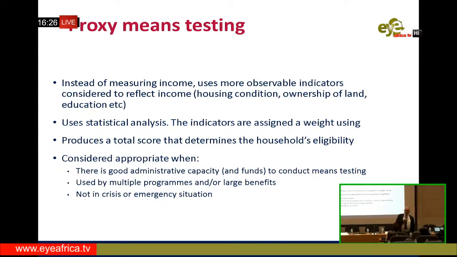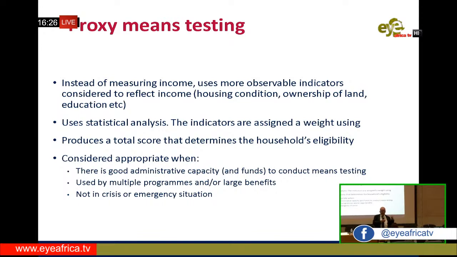In the best case, how long ago was the last HIES, the household income survey, here in this country? The last one? 21, okay. And the next one is planned next year or in a year, right? Okay, good. So every 2-3 years we have this information.